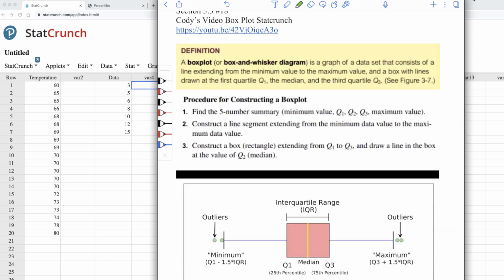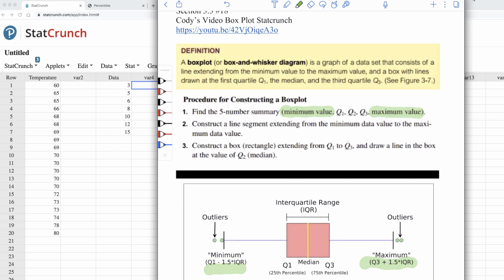Now there's a couple different ways you can make your box plot. One is the whiskers extend all the way out to the minimum values. And that's why they want the minimum and the maximum. The other way is that they extend just to this calculation of the minimum so that you can see your outliers. Because the outliers are considered to be past this, to the left of that one and to the right of this one.